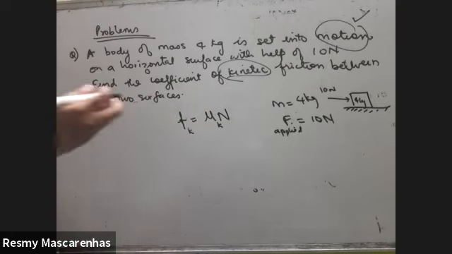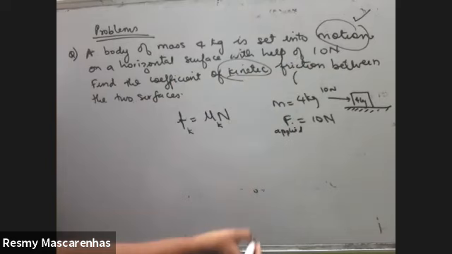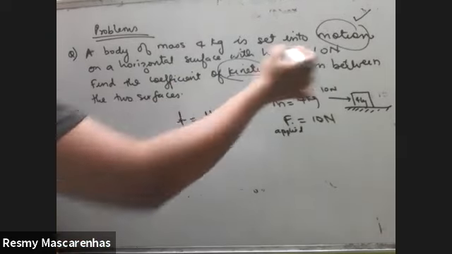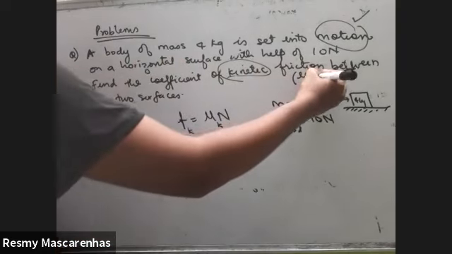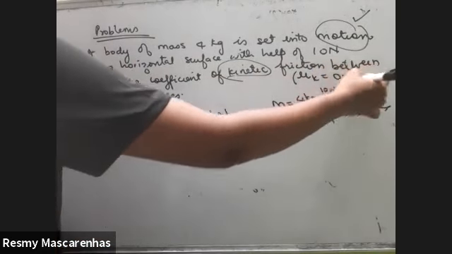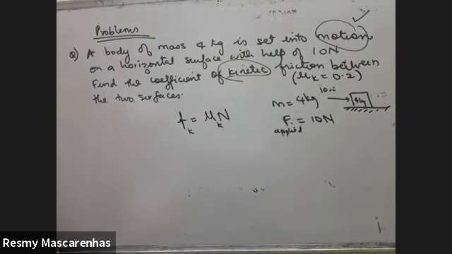Mu of K is given to you as 0.2, the coefficient of friction.